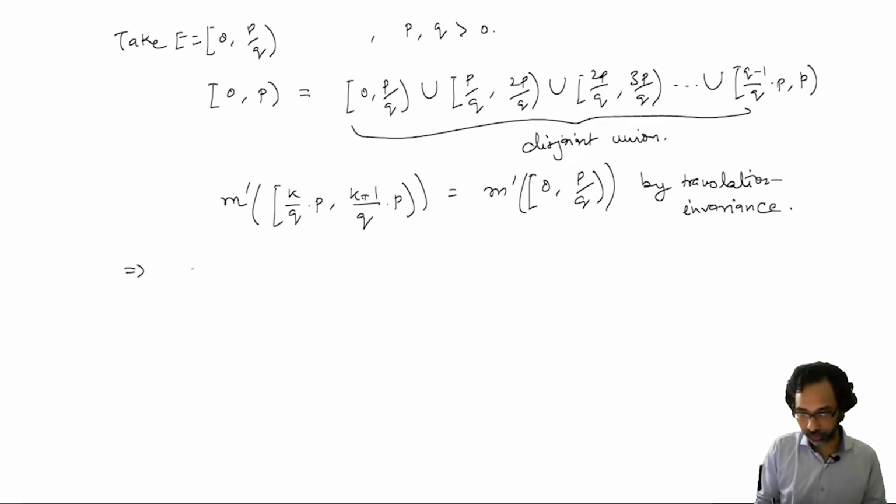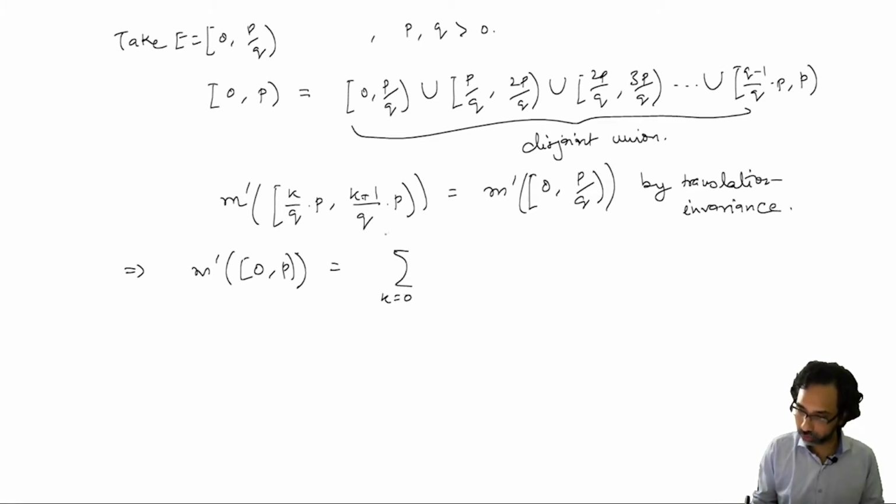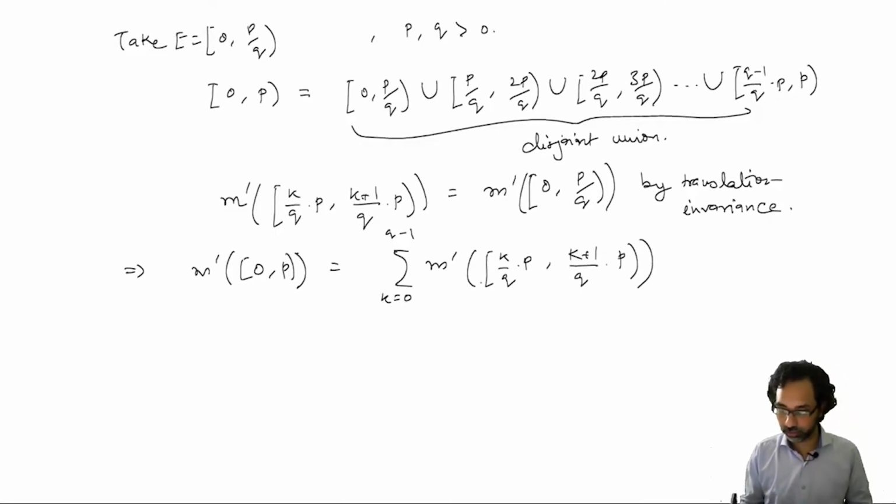So therefore, if I try to compute the value of m prime for the interval 0 to p, you will get the sum from k equal to 0 to q minus 1 of m prime of the interval k by q times p to k plus 1 by q times p. So it begins at this interval.